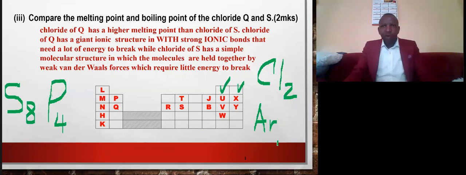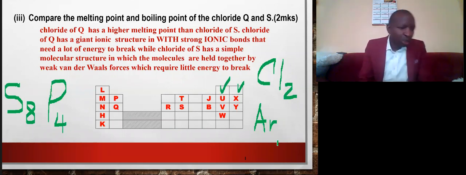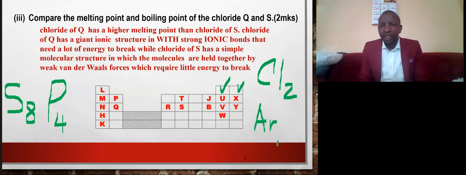Then number 3, comparison. We are going to compare the following: giant atomic structure, giant ionic structure, giant metallic, giant covalent, versus simple molecular structure.